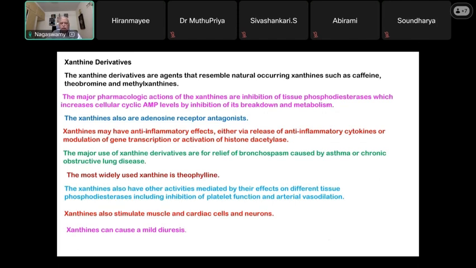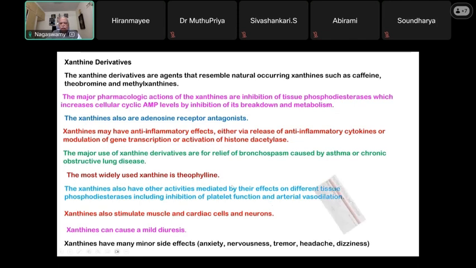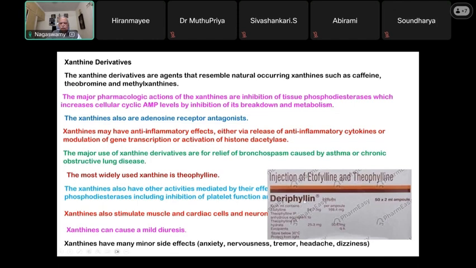This is the reason why they are not now the preferred drug, because of the other side effects that they have other than on the respiratory system. They have become obsolete, and anxiety, nervousness, tremor, headache, and dizziness are also side effects. Deriphyllin is commonly used, which is a combination of etophylline and theophylline.